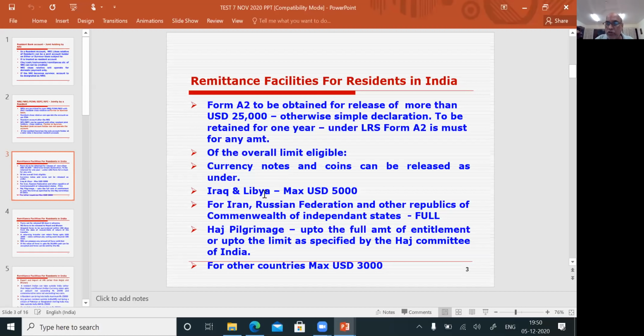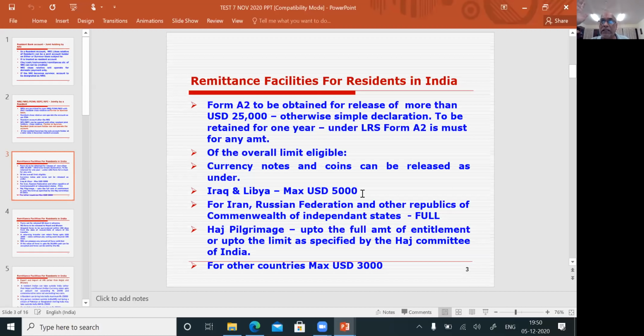If the traveler is going to Iraq and Libya, the maximum you can release in foreign currency notes is to the extent of US dollar 5,000 or its equivalent. Let us assume he is eligible to take $2,50,000. Out of the $2,50,000, how much foreign currency notes can be given to him?